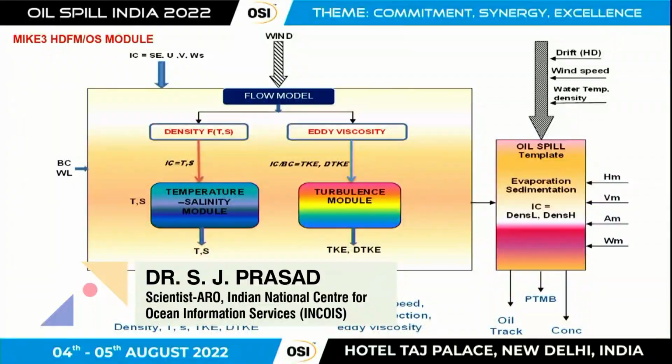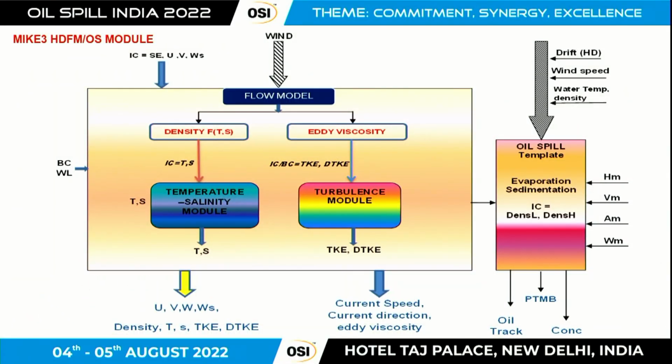And now I will move on to the next generation oil spill modeling. Here is a three-dimensional model. It will give the detailed weathering changes, like the physical and chemical changes of the composition of the oil fractions, computed with the help of this model.